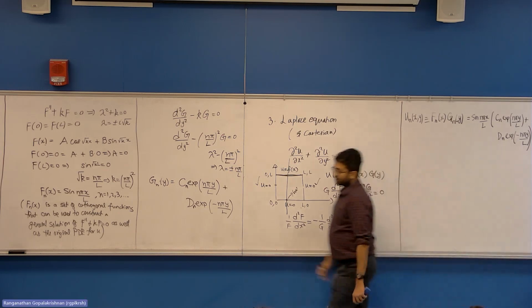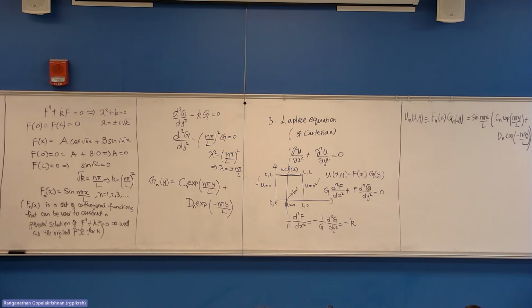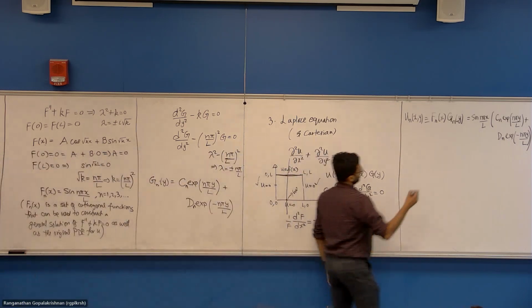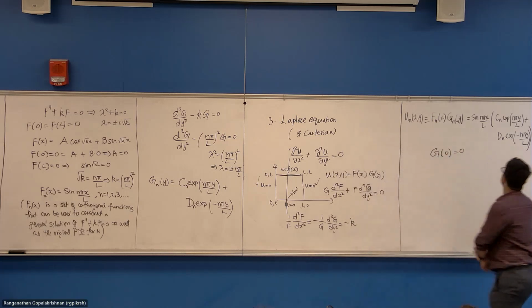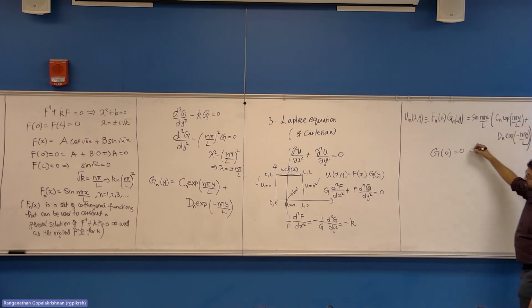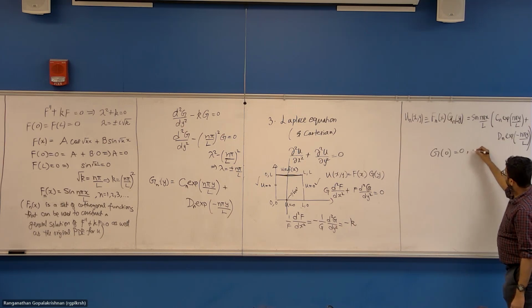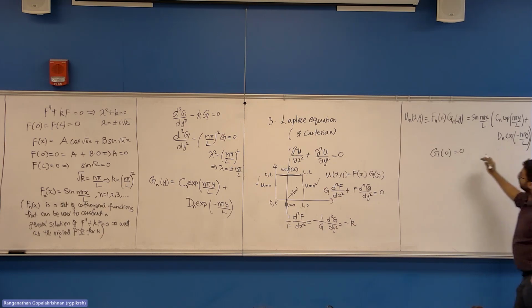Okay. There are still two boundary conditions which we have not used so far. So we can write G of 0 equal to 0, and x can be anything. So we would have, actually wait, hold on.